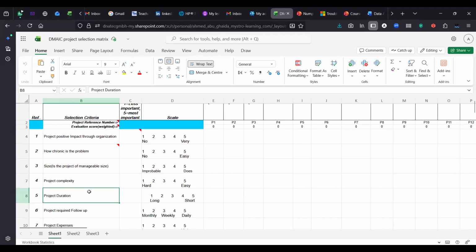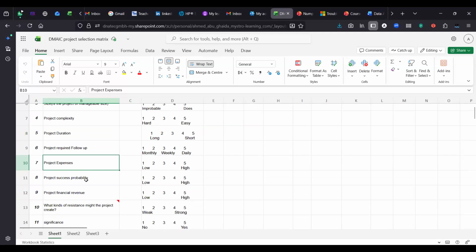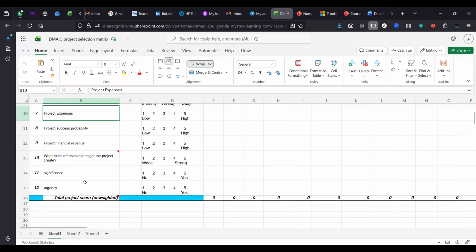We are much interested in quick wins usually. So as long as the duration is longer, this is not accepted. And so on. Cost, which is expenses, significance, urgency, resistance, these are not fixed.